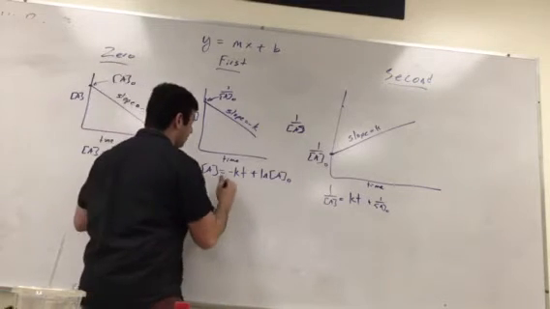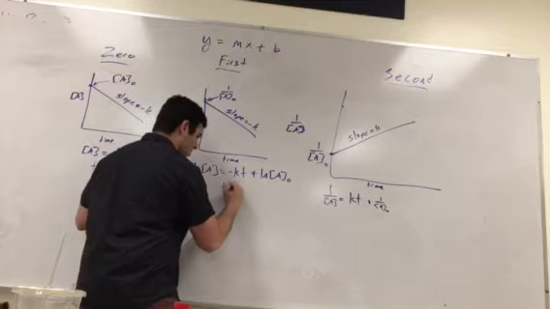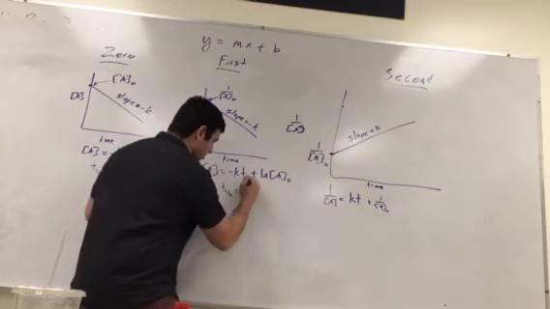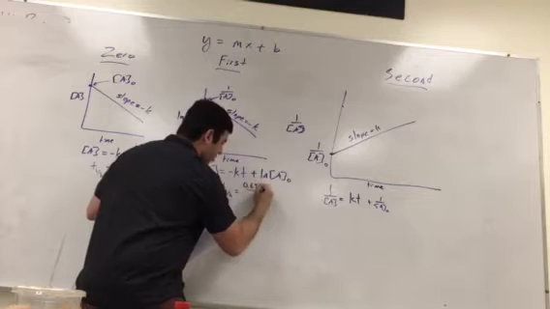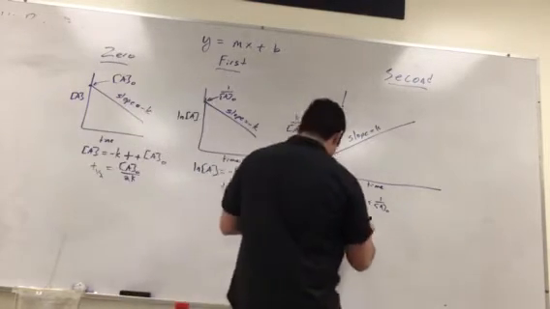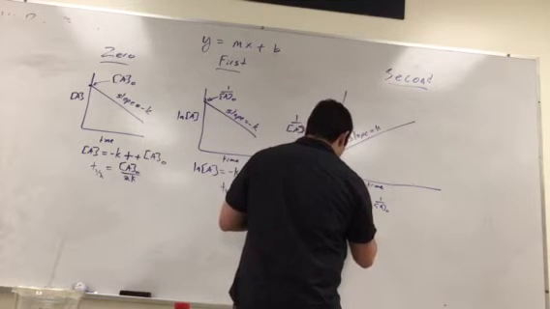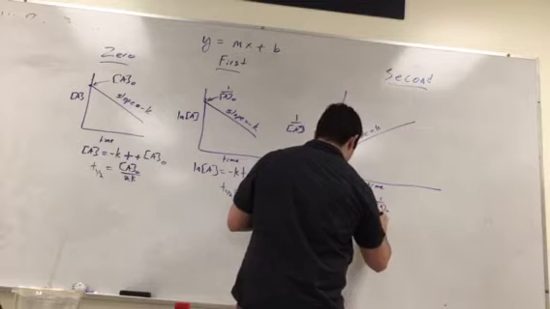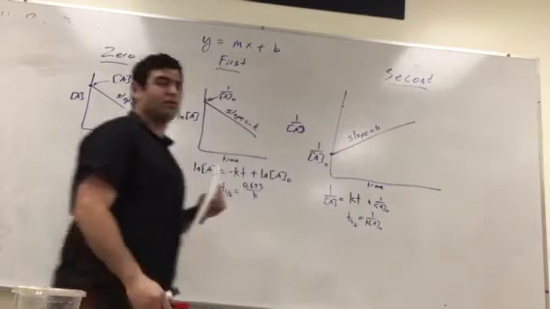For first order, the half-life T1/2 is 0.693 over k. And for second order, half-life equals 1 over k times the concentration of A. Sorry if you can't see.